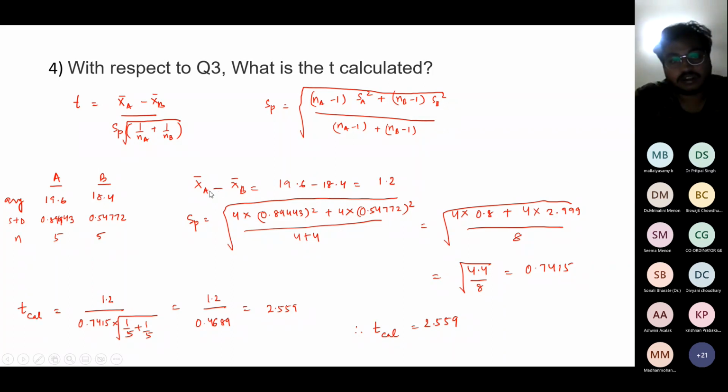Then we find x A bar minus x B bar, which comes out to be 1.2. We calculate the pooled standard deviation, which turns out to be 0.7415. Then we use those values to calculate the t value, which is 2.559. Is that clear?